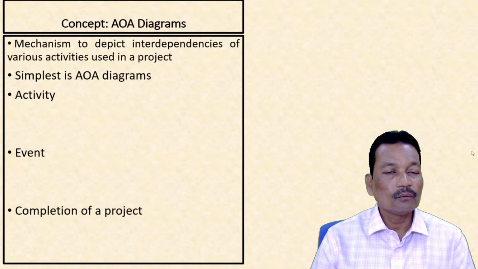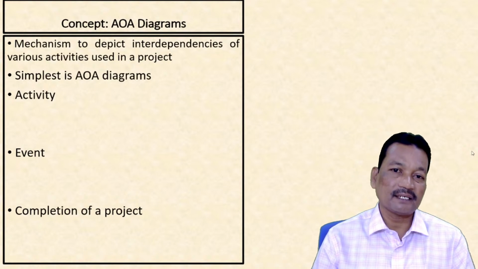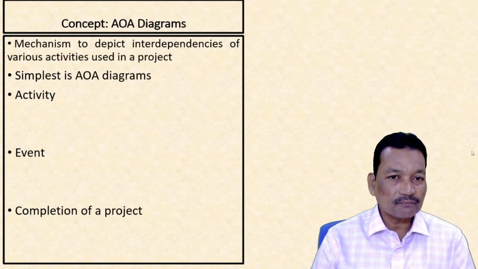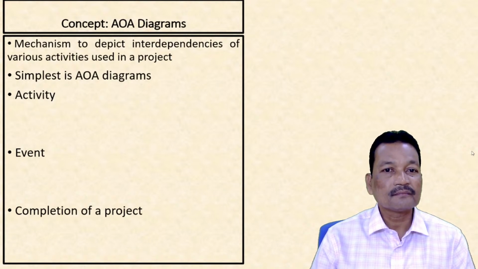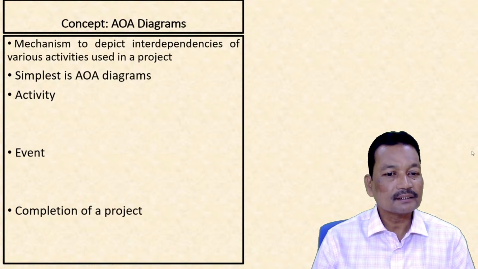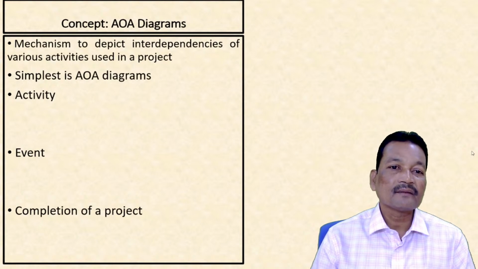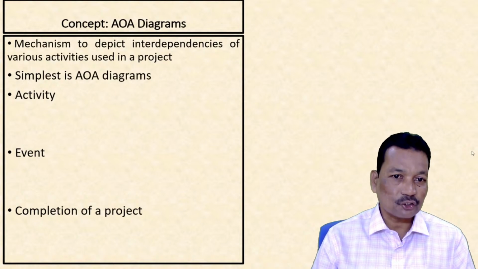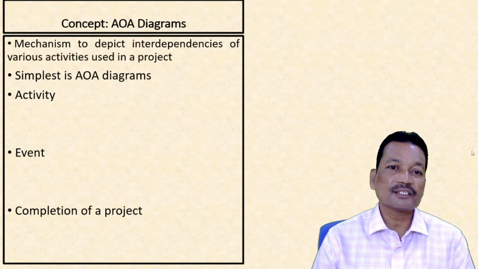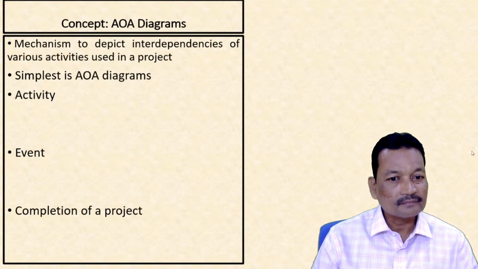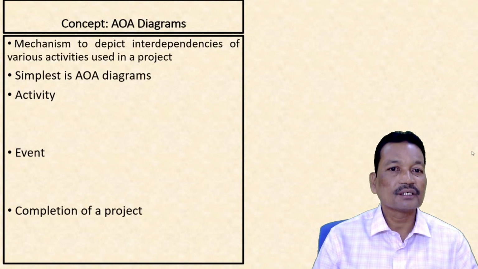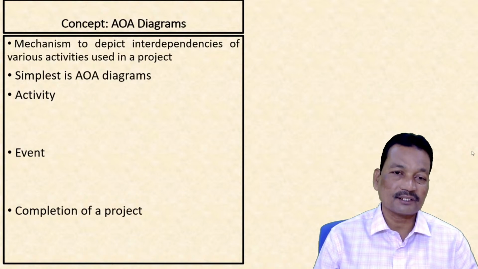What are interdependencies? For example, if I take the project of construction of a house, two small activities can be the skeletal structure, consisting of the pillars on which the roof of the house will rest.